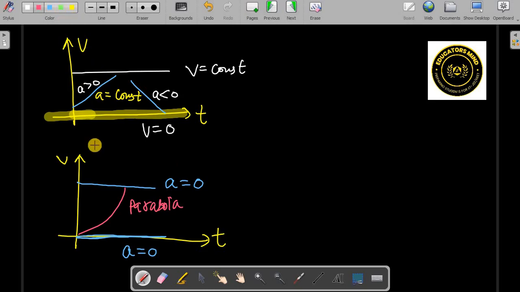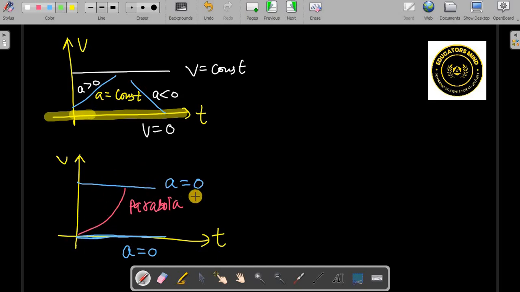If it is a parabola, then what does this represent? Acceleration is changing, slope is changing. So this type of graph will represent that slope is increasing. So acceleration will keep on increasing.